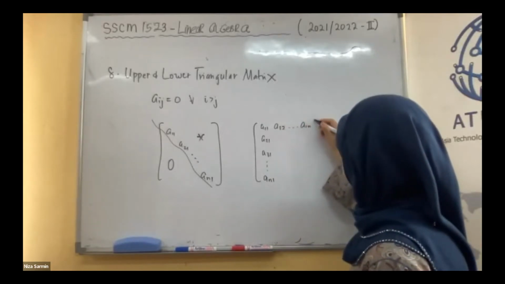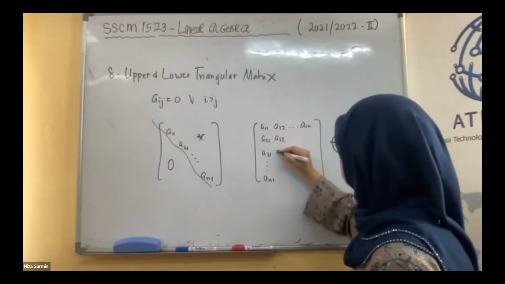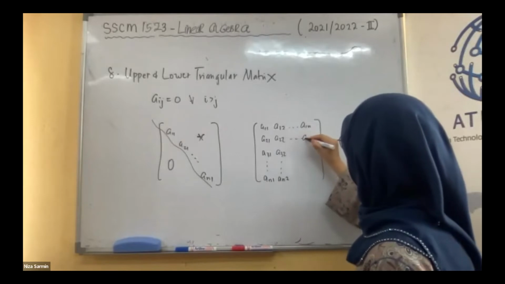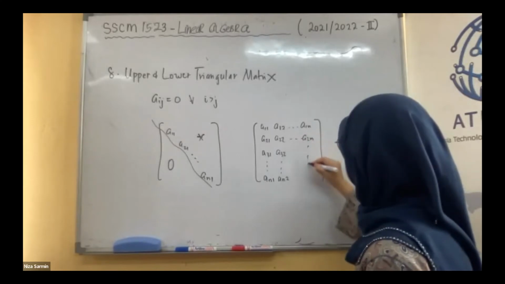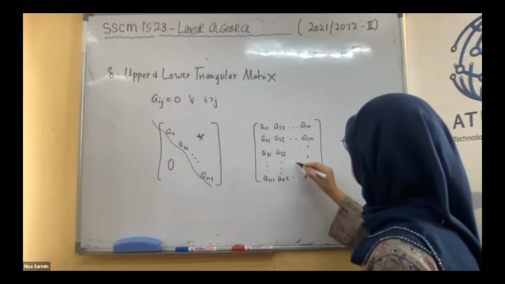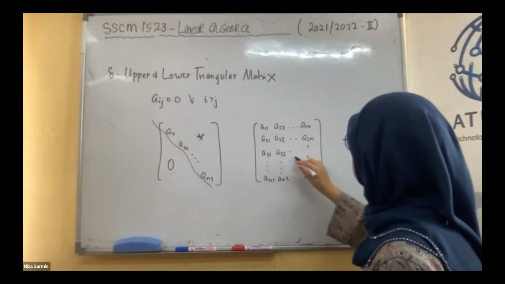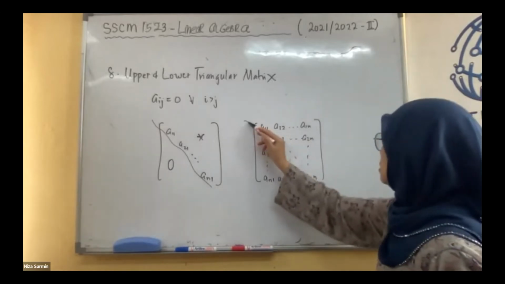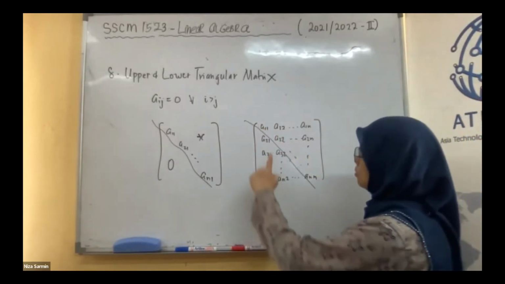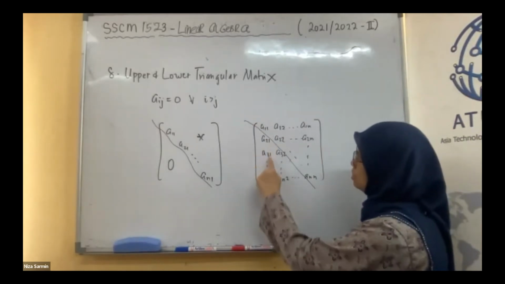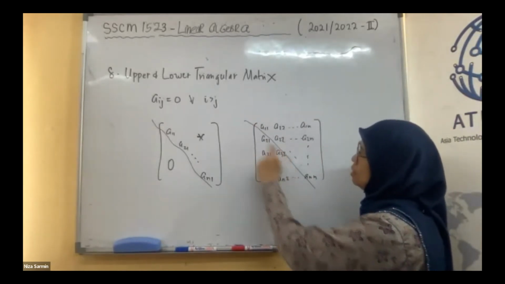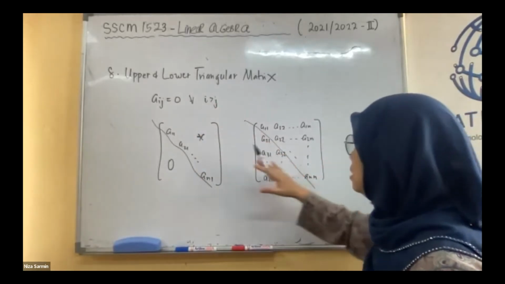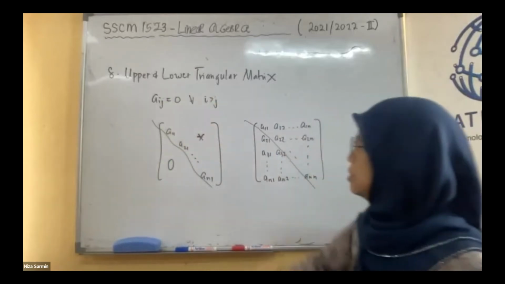All 1, right? Underneath this, i is bigger than j, right? It's always i bigger than j. So for i bigger than j all 0, it is upper triangular matrix.